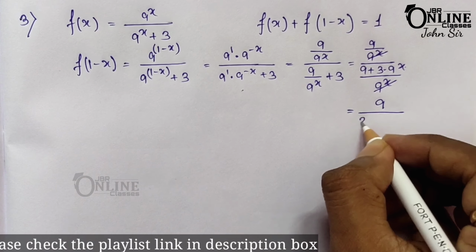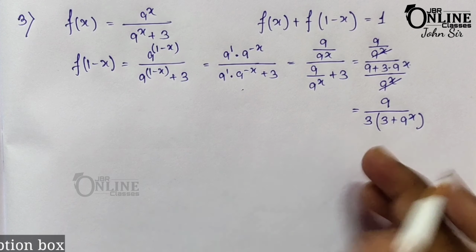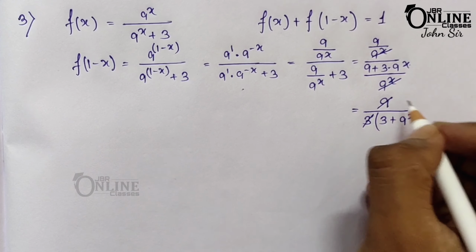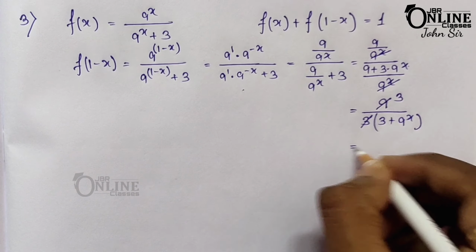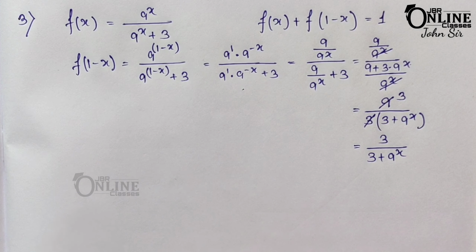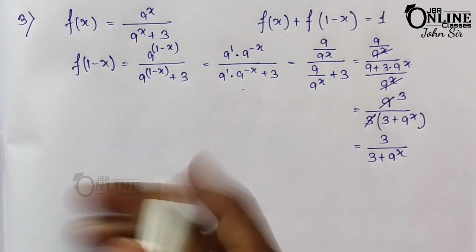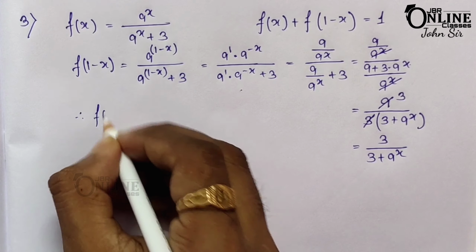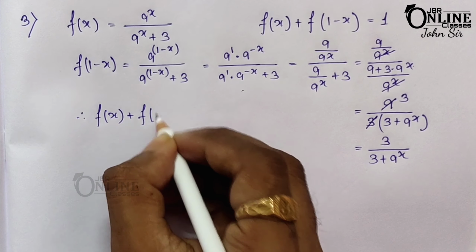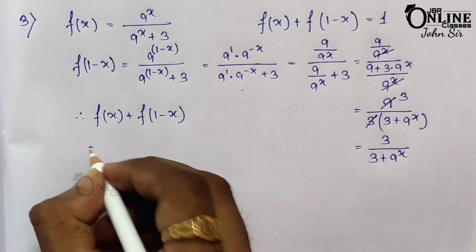If 3 is common, it becomes 3 + 9^x. So here 3 cancels out with 9, and it becomes 3. So the final will be 3 / (3 + 9^x). That means the value of f(1 - x) equals this one. So you write f(x) + f(1 - x) as the left hand side, and you have to show that this equals 1.